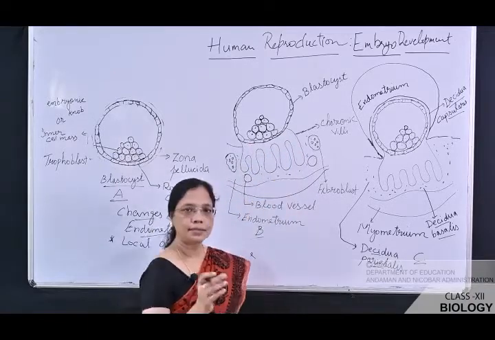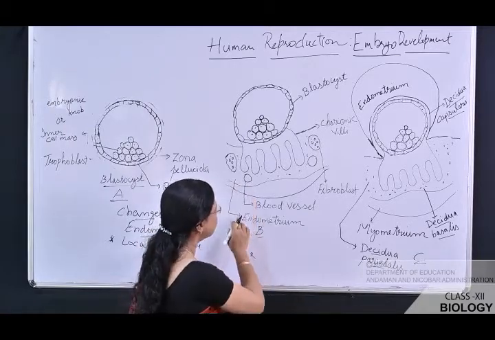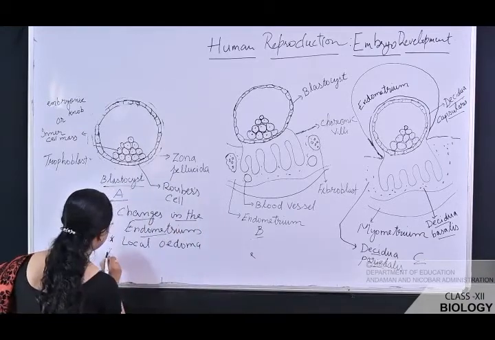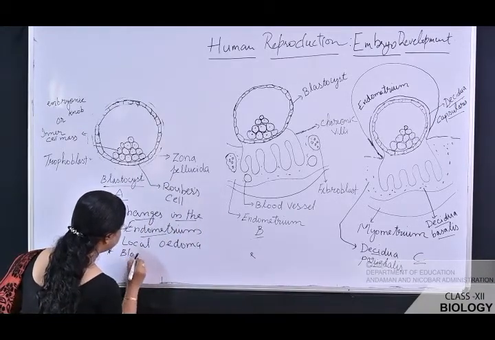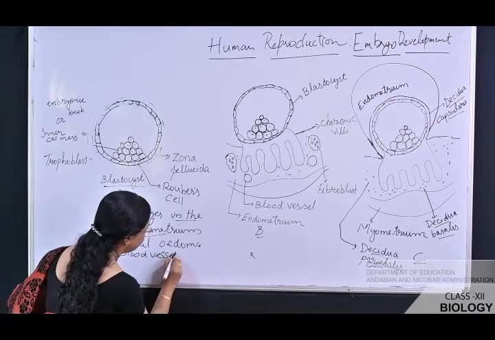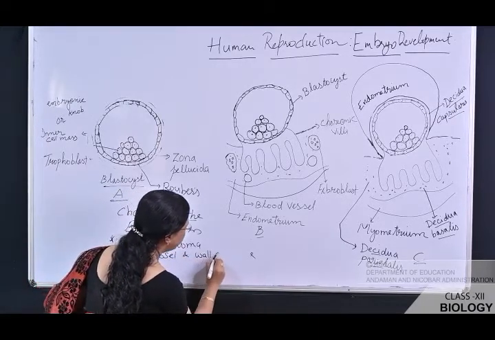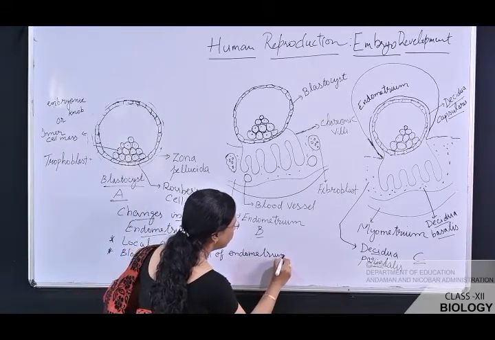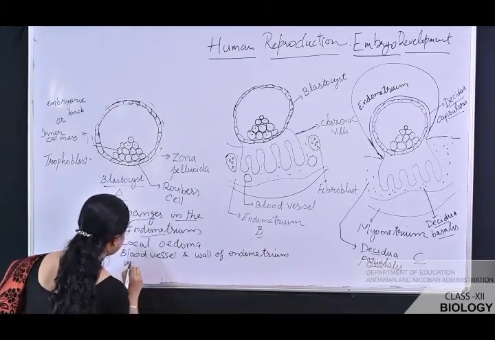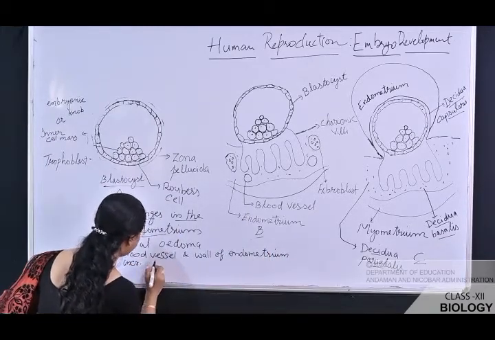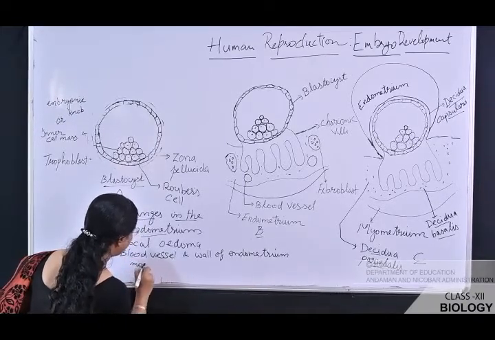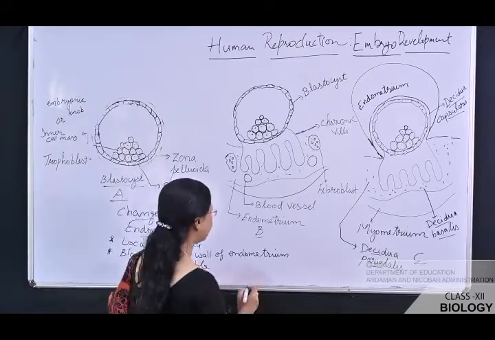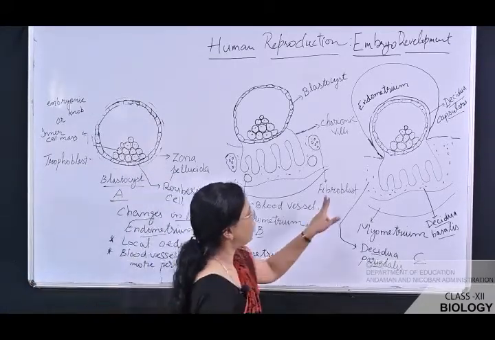Local edema means that only this particular region of the endometrium swells. The second characteristic feature is that the blood vessels and the wall of the endometrium increase their permeability. They become more permeable. What is the third characteristic feature? You can see the fibroblasts.